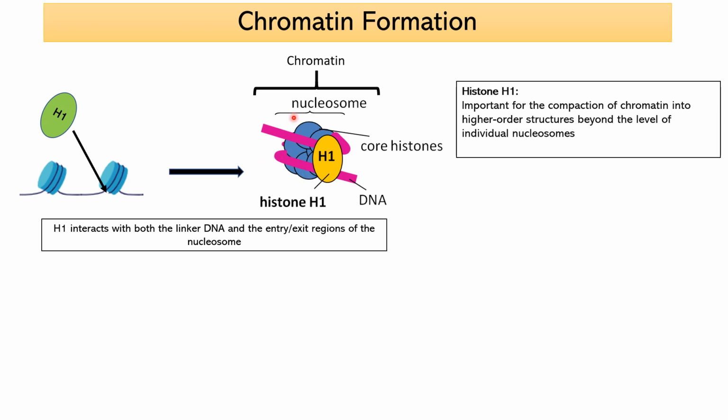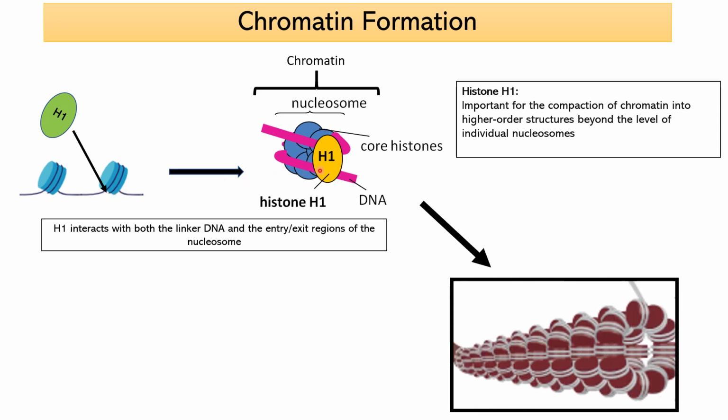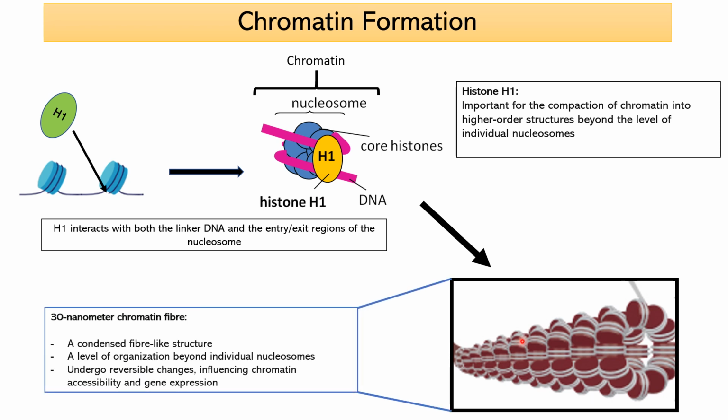So once histone 1 interacts with these nucleosomes, it will facilitate the formation of a new level of compaction, called the chromatin fibers, or 30 nanometer chromatin fibers. These chromatin fibers have a very condensed fiber-like structure. They are also considered a level of organization beyond the nucleosome. So we started with a double helix DNA, then we became a nucleosome, the nucleosome became a chromatin, and then these chromatins folded further with the aid of histone 1 to form these fibers.